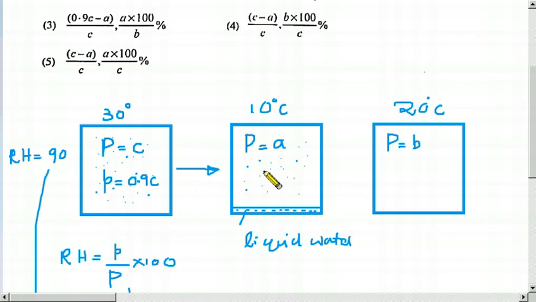So now this vapor is in contact with liquid water. In such a case, we call it a saturated vapor.